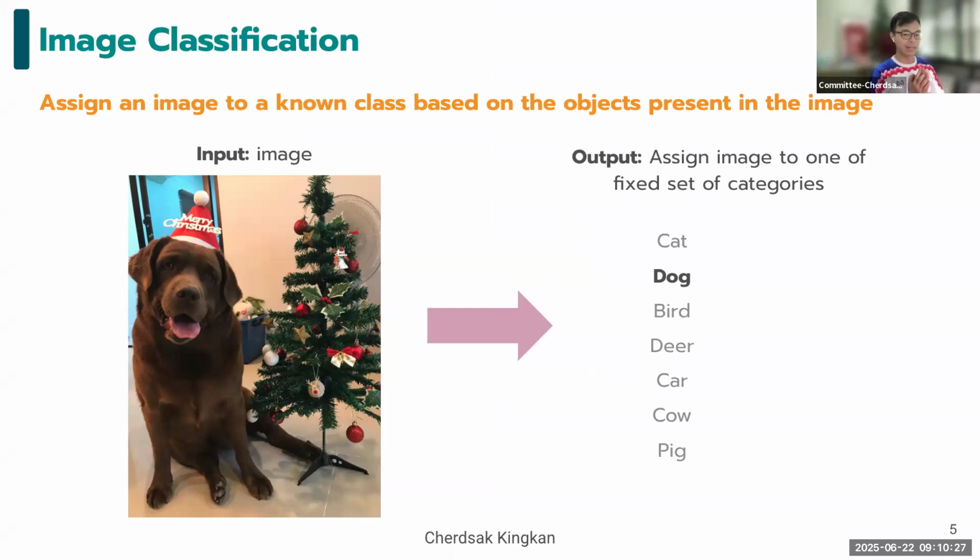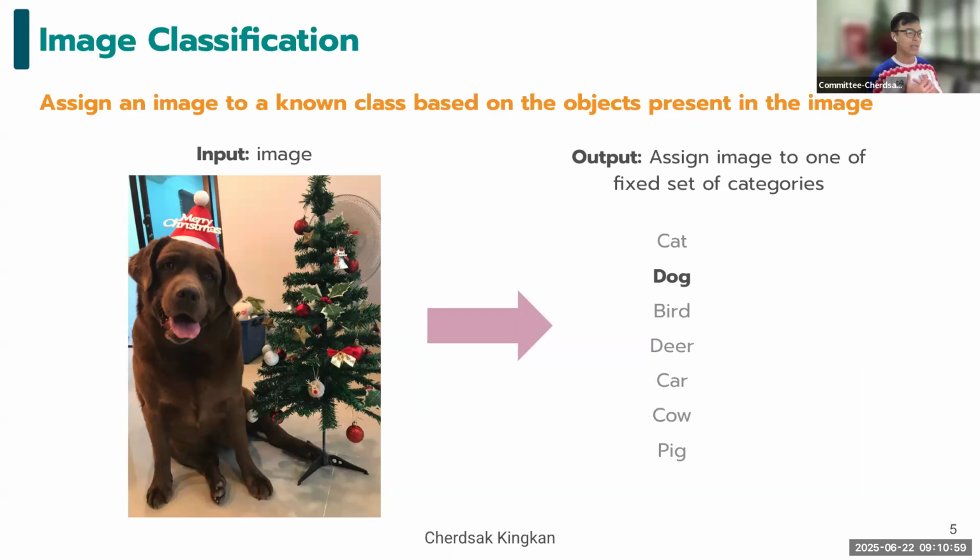Which means we are given some sort of image, and we want a machine or a model to classify whether the objects within the image, or the image as a whole, belong to which class. So that's what we call image classification. For image classification, we assign an image to a known class based on the objects present in the image. So that's what we want to do.